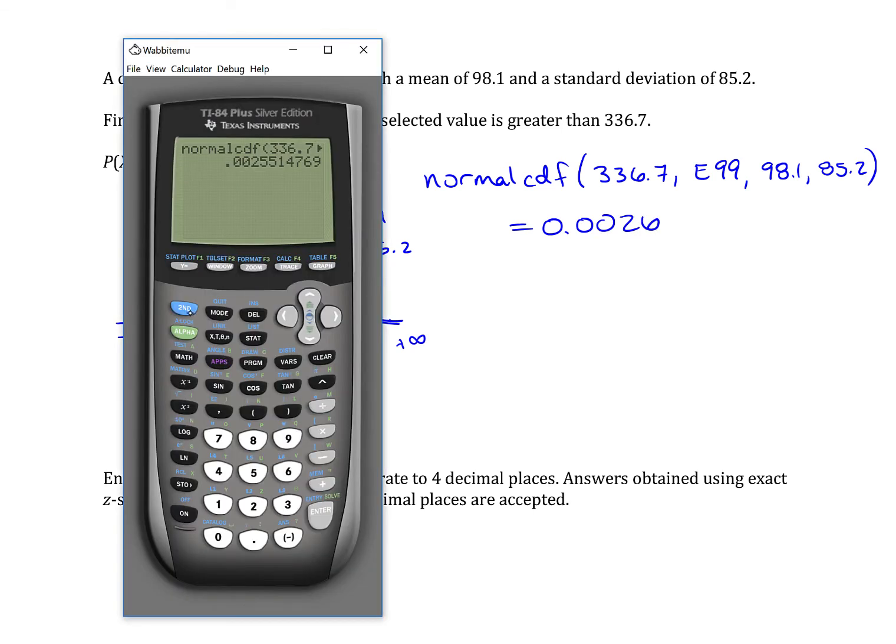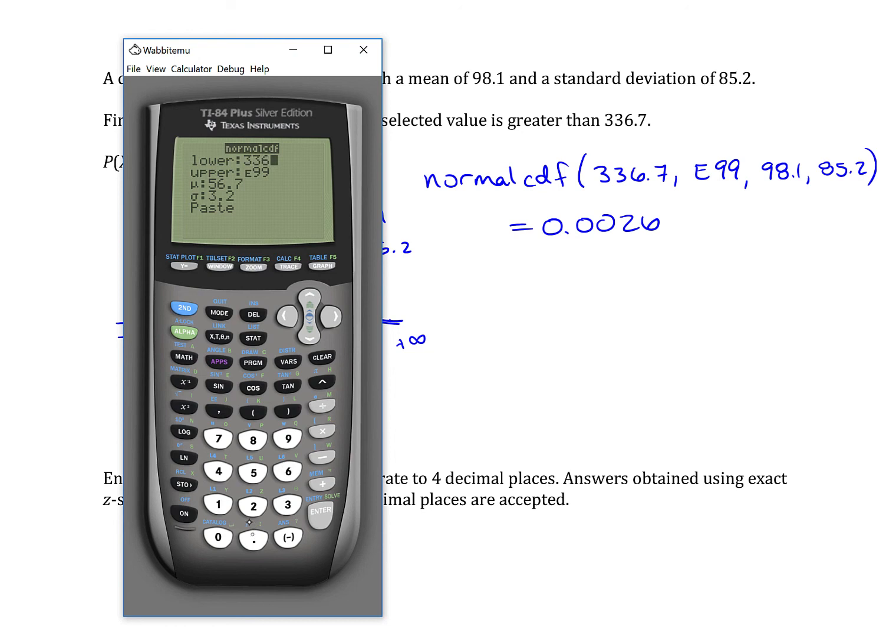Now, if you were using the calculator and saw a menu come up when you did the normal CDF, then that just means you have one of the later model calculators, which is taking the same 4 inputs, but it's trying to give you hints as to what those inputs are.